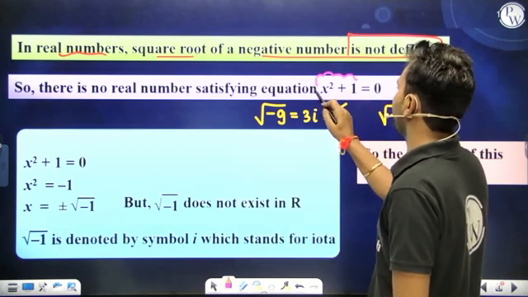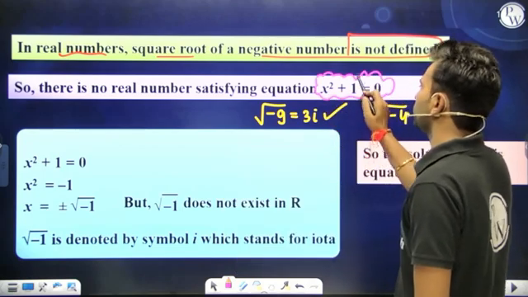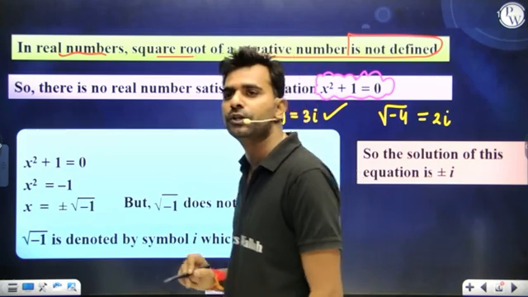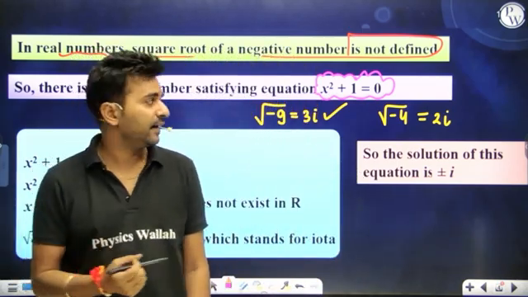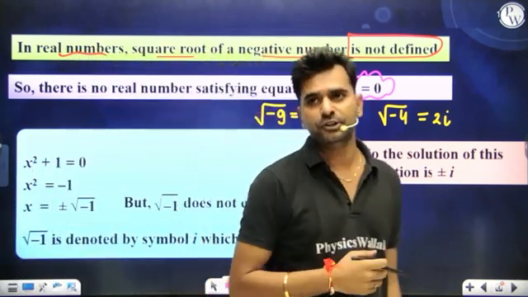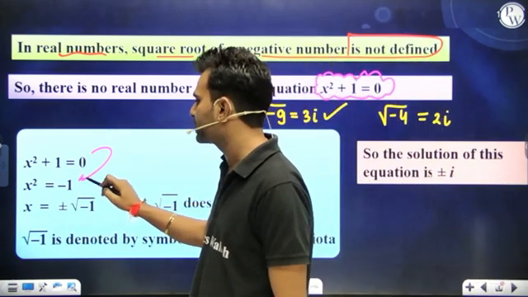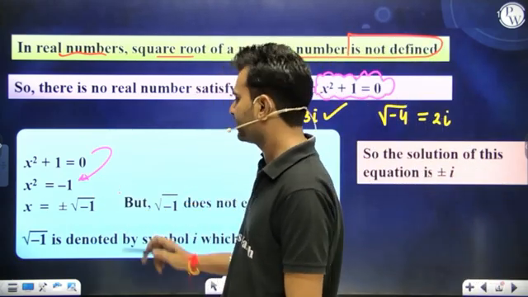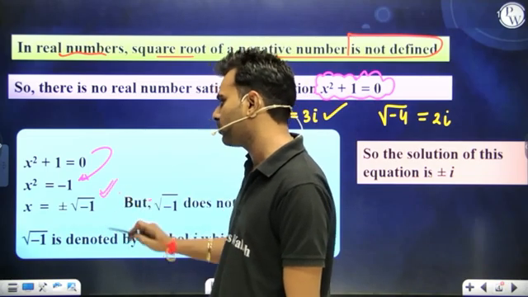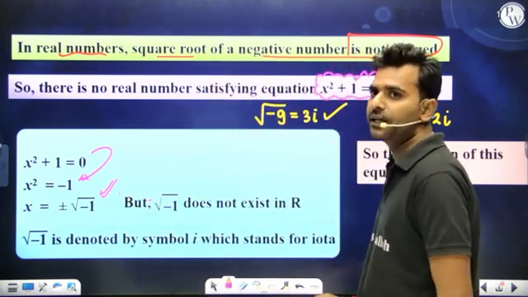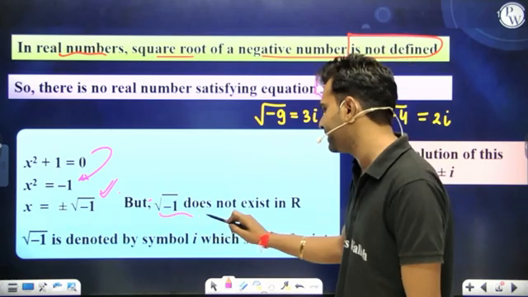When mathematicians got to know the equation x square plus 1 equal to 0, they realized that there is no real number x for which this equation is satisfied, because if x square plus 1 equal to 0 is rewritten, x equal to plus minus under root of minus 1 comes, but under root of minus 1 does not exist in the real numbers.